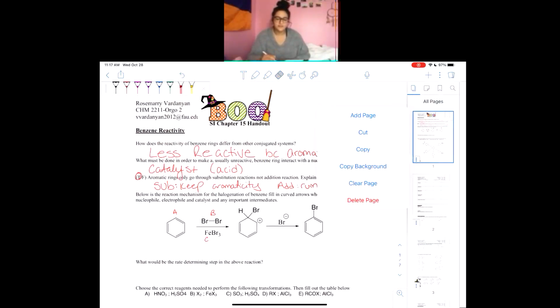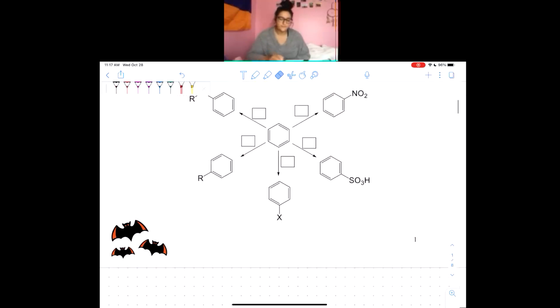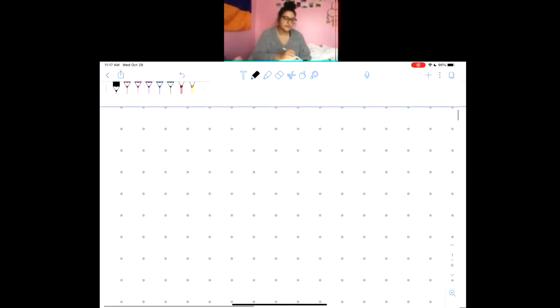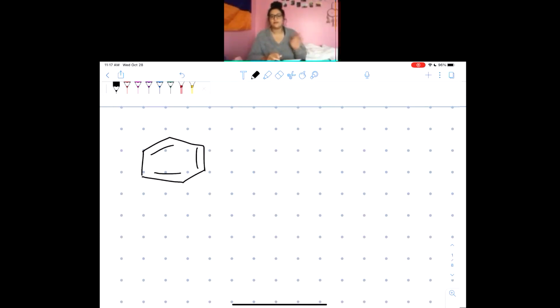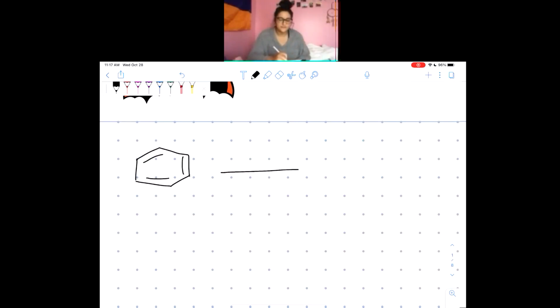So I'm going to make an extra page here. And we're going to check this out. So benzene is super simple. He's just going to stay right here with its electrons, not really doing anything. But we have Br2. And we have our FeBr3.